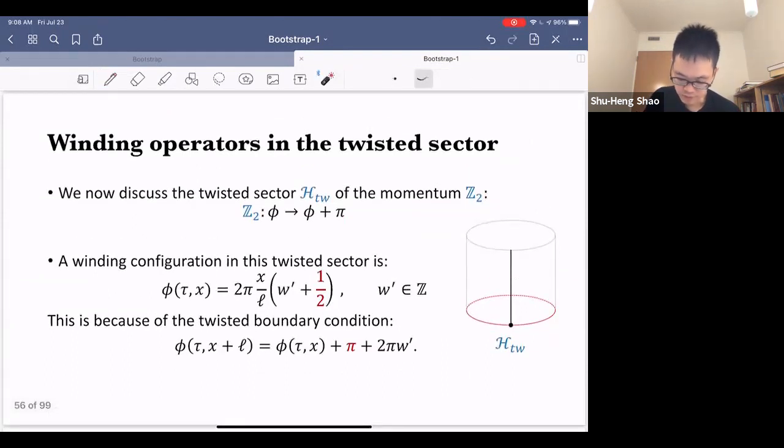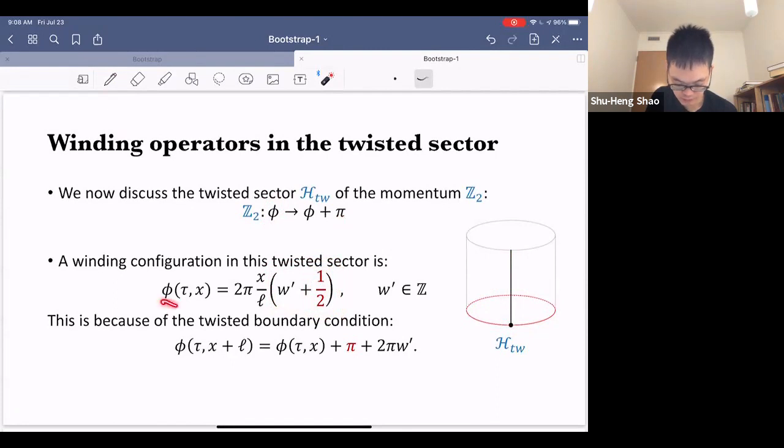Now, what about the twisted sector? We now insert the twist as we go along the spatial S1 direction. And the twist is to shift phi by pi. So now a winding configuration in this twisted sector no longer has integer winding number, but there's an important 1/2 shift here.